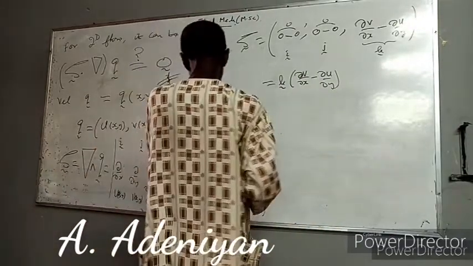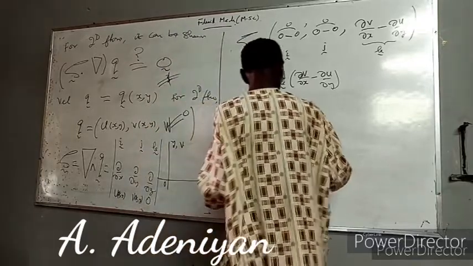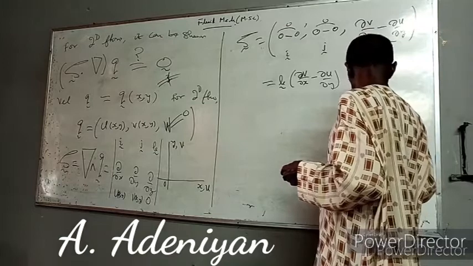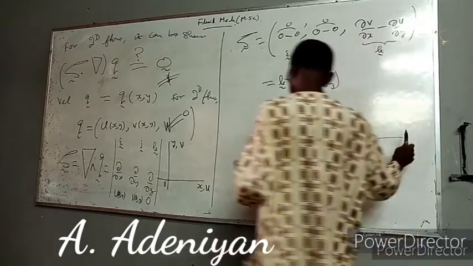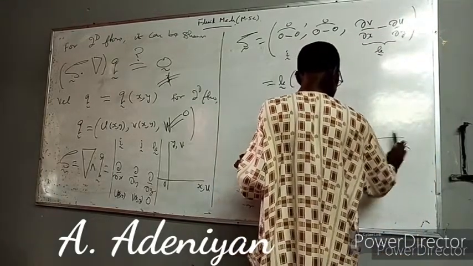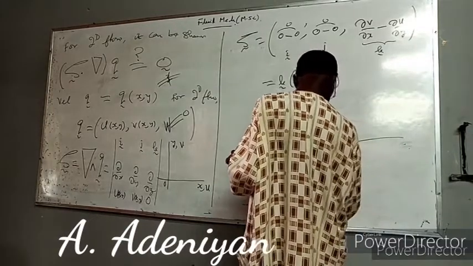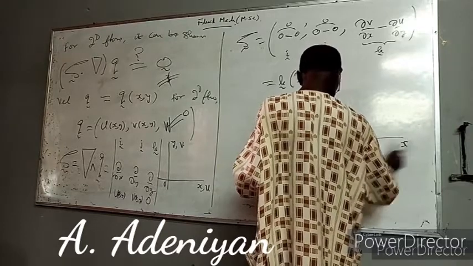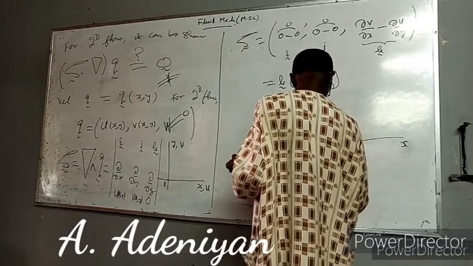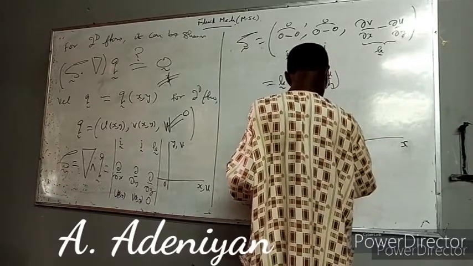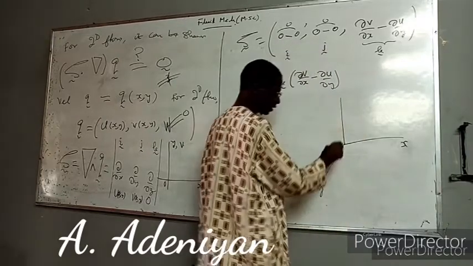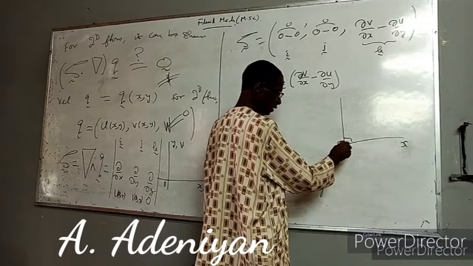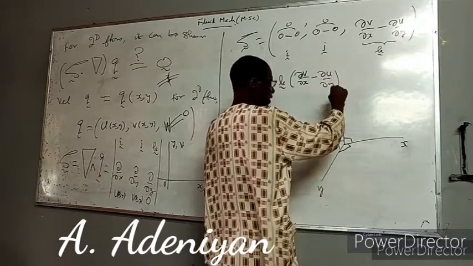If I write this as, let's say, x, y, z, because this is perpendicular to this, and this is along the vertical, that is z.